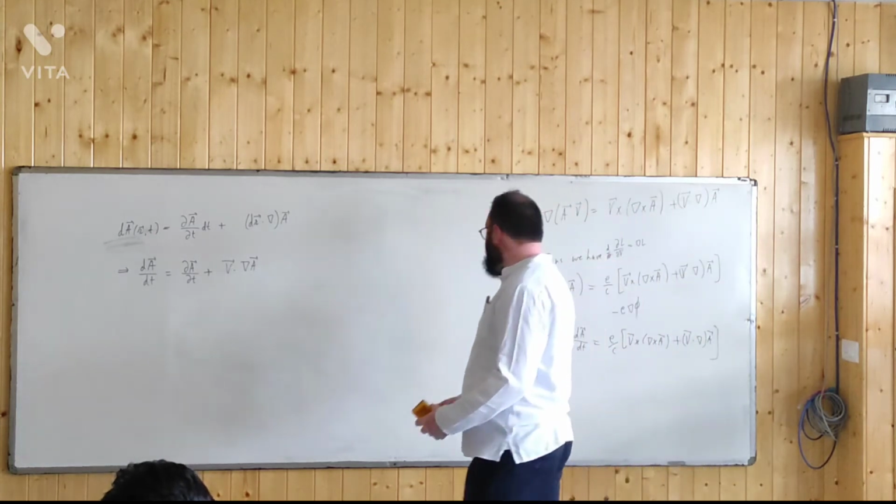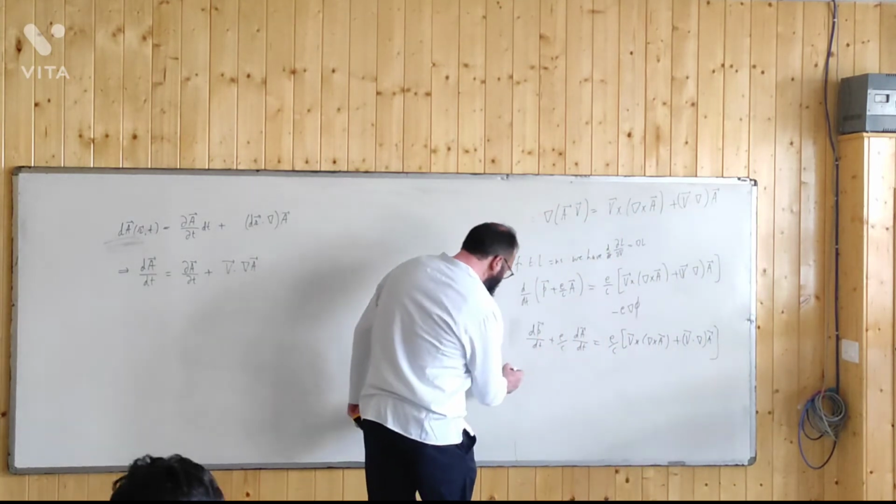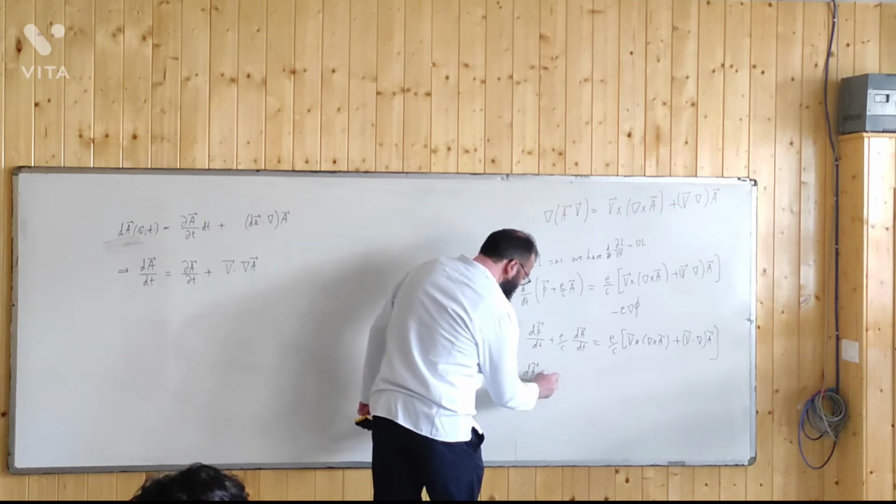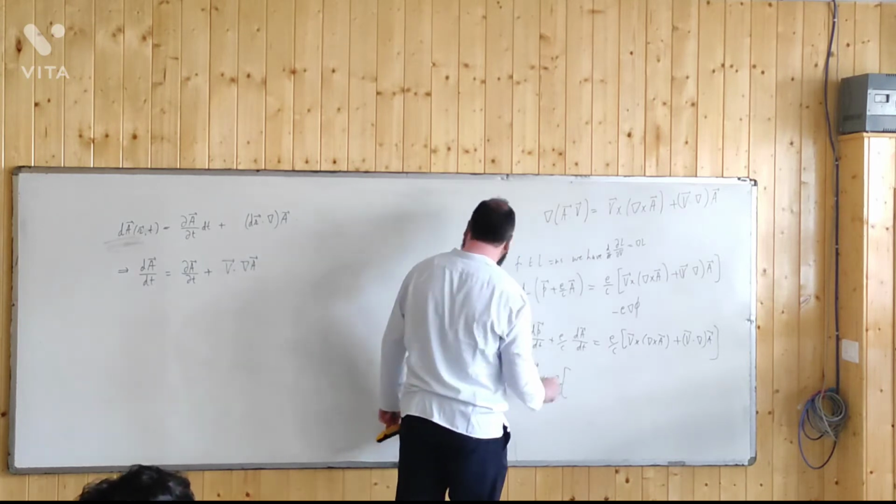So now let's write it here. You have dP by dt plus E by C times dA by dt. What is dA by dt?